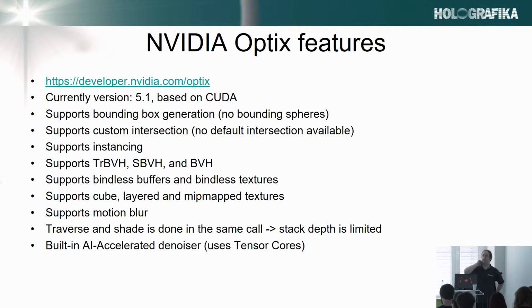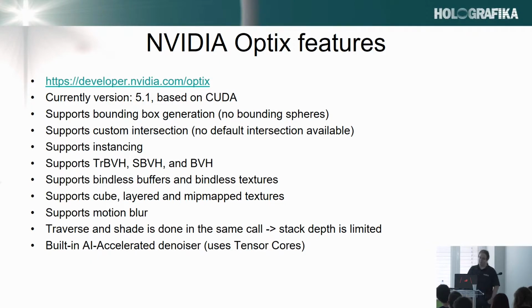I'm pretty sure that this is going to change because NVIDIA now has hardware support for intersection of meshes in their novel hardware, in the Volta generation GPUs. So I'm pretty sure that there is going to be a default intersection very soon in NVIDIA OptiX as well, because they are going to build it again on top of the RTX driver.